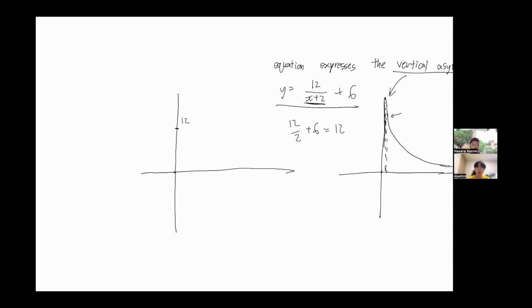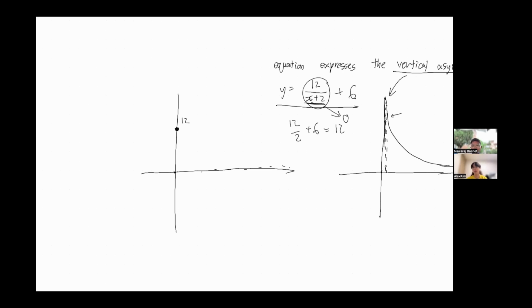So there'll be a point here. And then let's try going to the right first. If we increase x incrementally forever, we can see that because x is in the denominator, as x increases, the entire value of y decreases. It kind of goes down to 6, because this part will, as x gets bigger, start to approach 0.